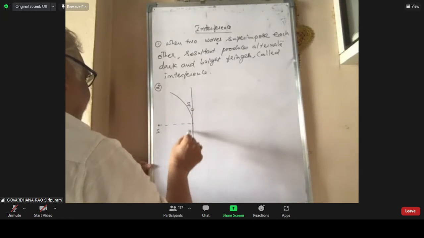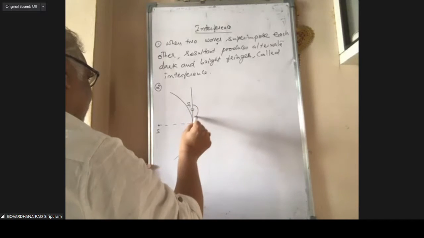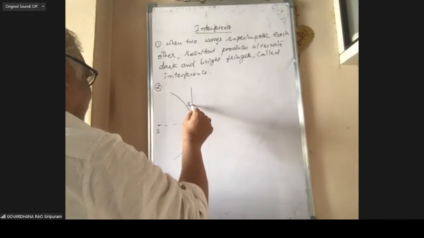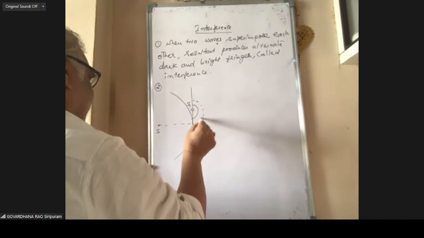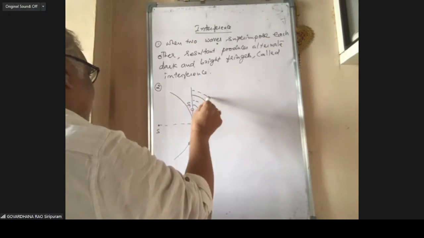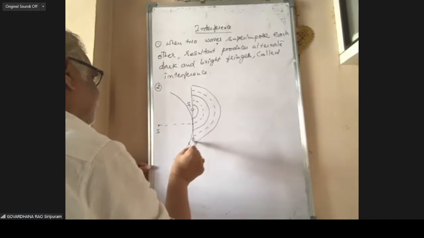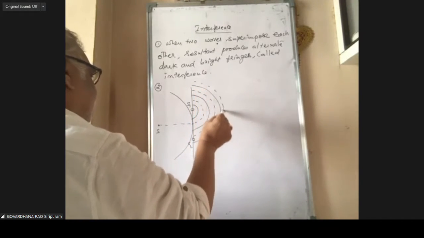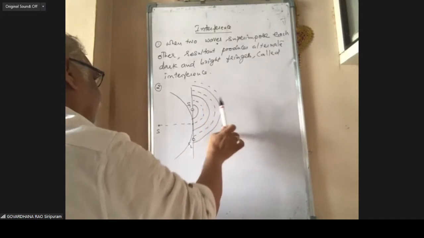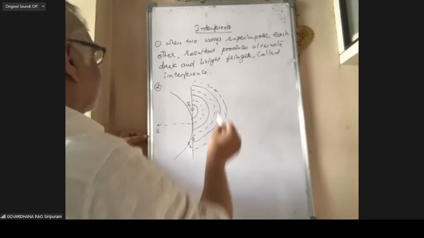This particular wavefront gets divided and it produces again like this: alternate crest, trough, crest, trough, crest, trough. Like this, okay?